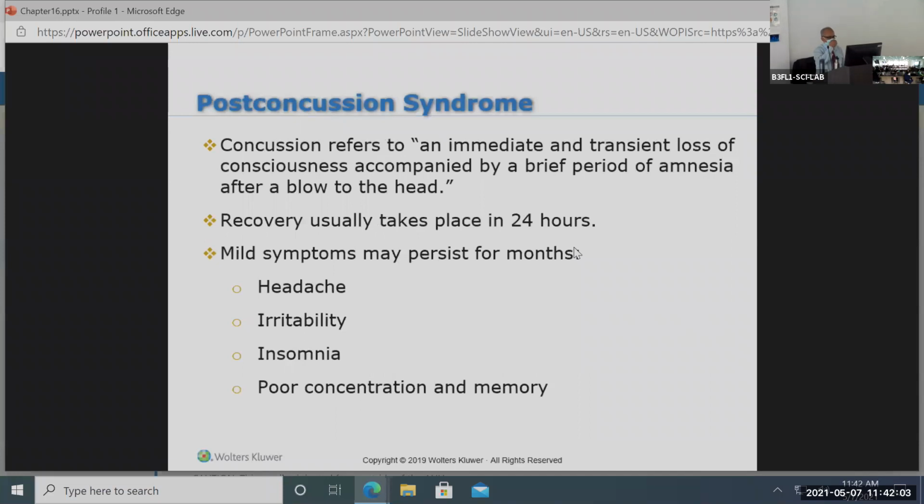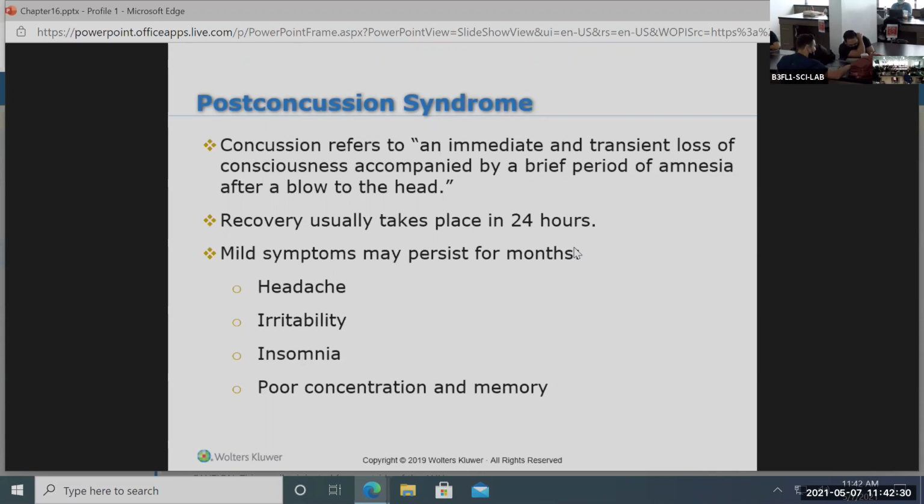After this, called post-concussion syndrome. Please highlight the term called concussion. It refers to an immediate and transient loss of consciousness. Immediate and transient, two things over here. Loss of what?